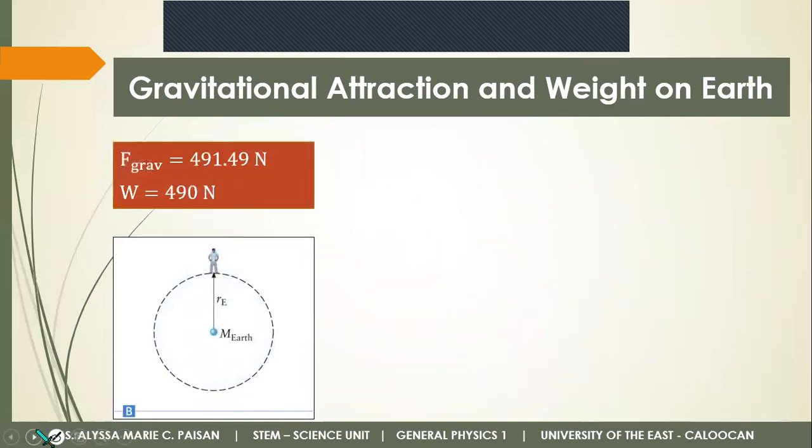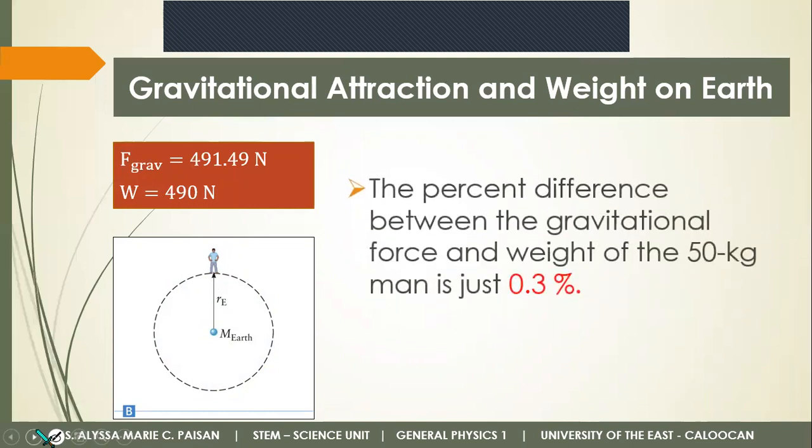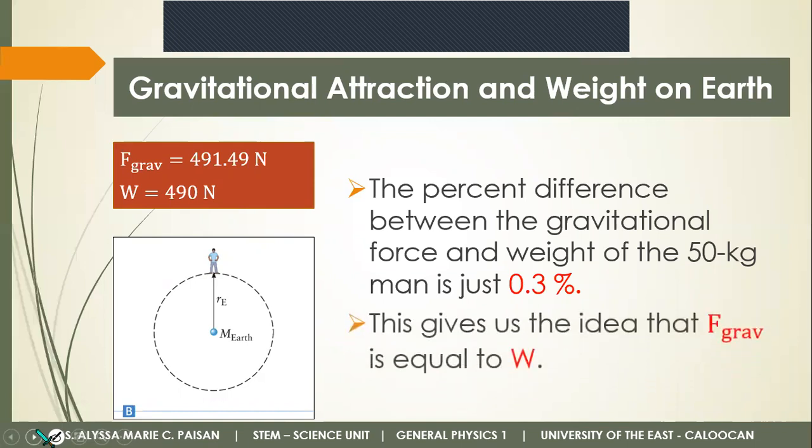If we compare them, 491.49 newtons and weight that is 490 newtons, the percent difference between the gravitational force or the gravitational attraction and weight of the 50 kilogram man is just 0.3%. Very little, which gives us the idea that F grav is approximately equal to weight.